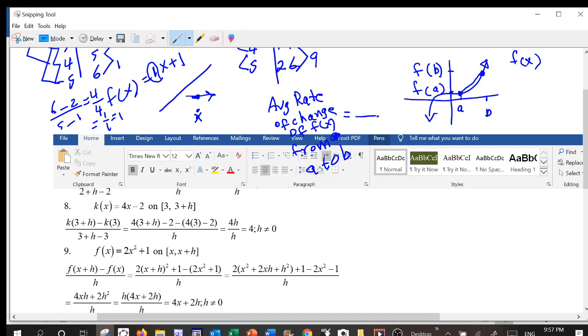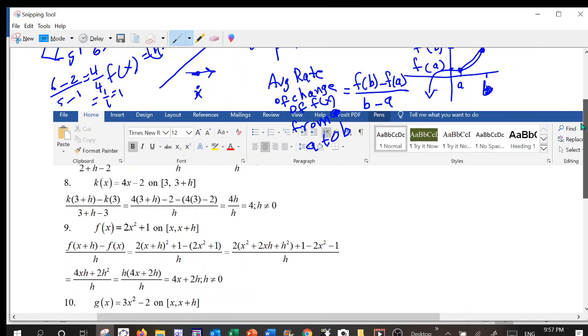That equals f of b minus f of a, which is like y2 minus y1 over x2 minus x1. In this case, x2 and x1 are b and a, so b minus a. So this expression is the average rate of change between 2 numbers. All right, so let's now do this problem.